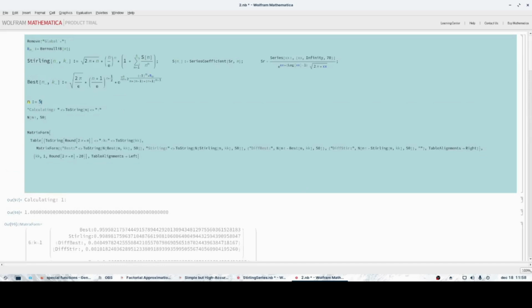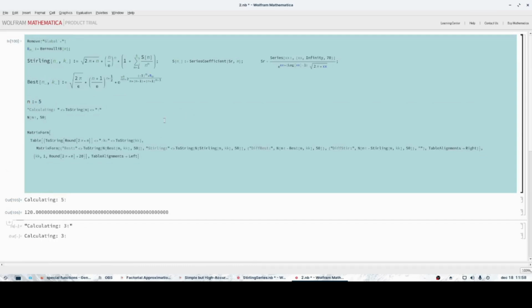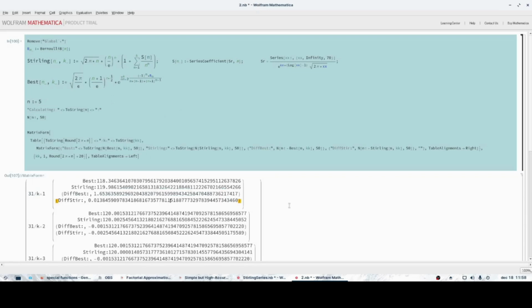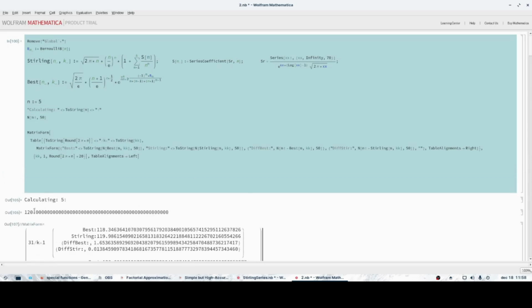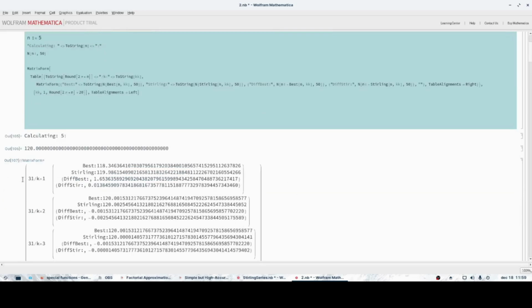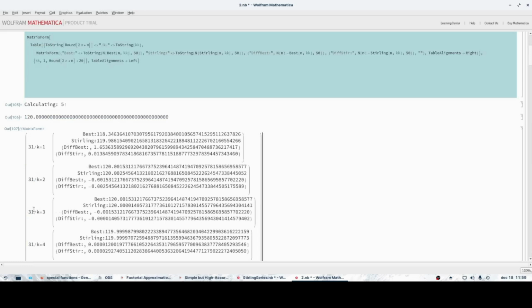We can take the 5 factorial. For 5 factorial, the result should be 120. This is 5 factorial in reality. And now this last value should be the best approximation for k equals 31.